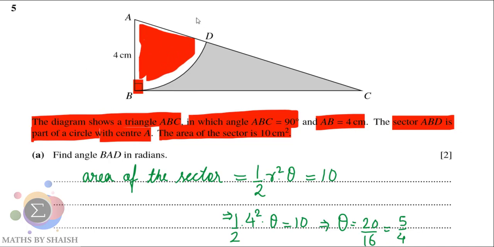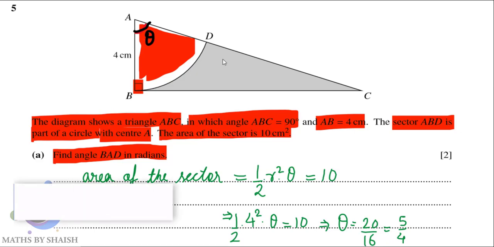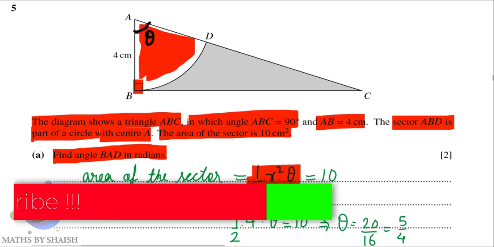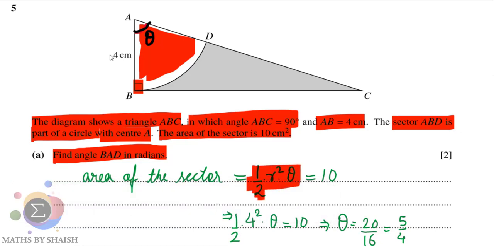We need to find the angle BAD in radians. So we can mark this as theta. Let's say this angle is theta. By the formula, the area of a sector is half r squared theta, and r here we can see is going to be 4 centimeters, and the area is given as 10 centimeters squared.